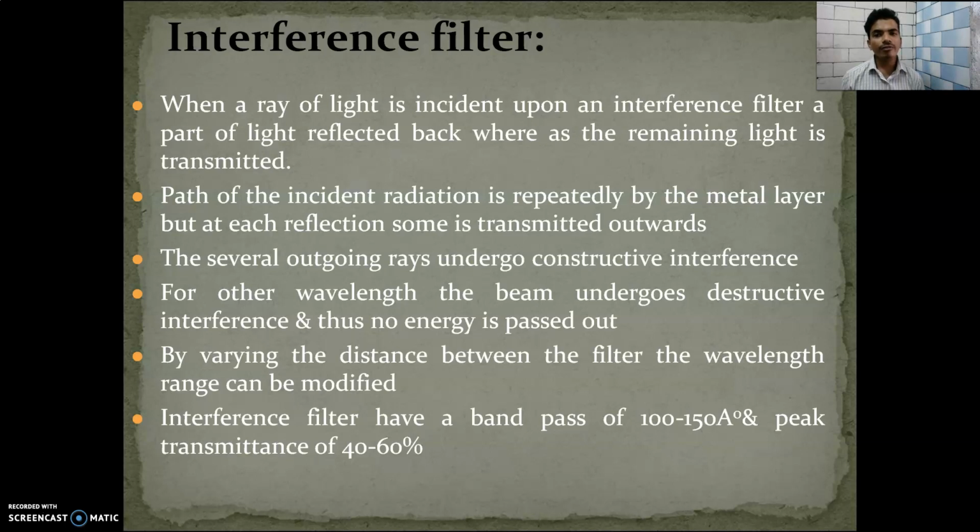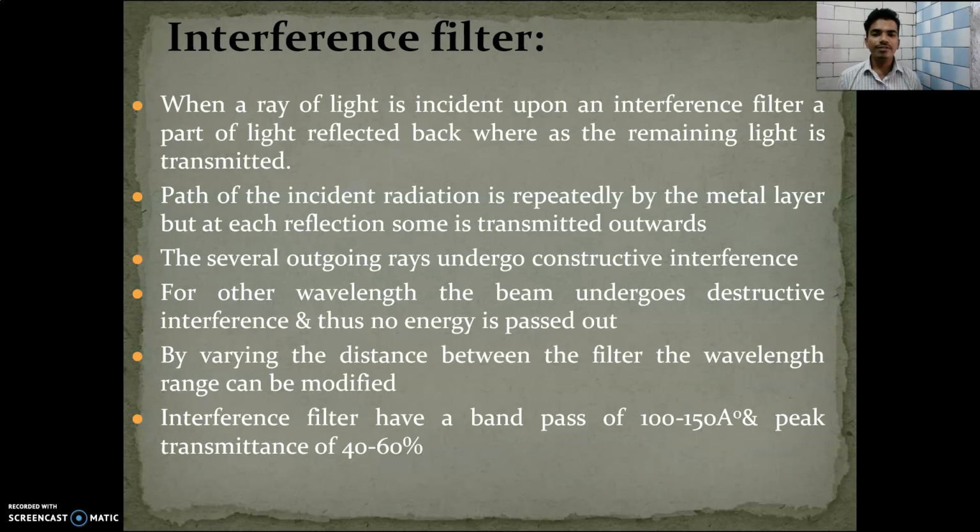So the several outgoing rays undergo constructive interference between those plates. For other wavelengths, the beam undergoes destructive interference and no energy is passed. So constructive and destructive interference are produced for the specific wavelength, and by varying the distance between the filter walls, the range can be modified.